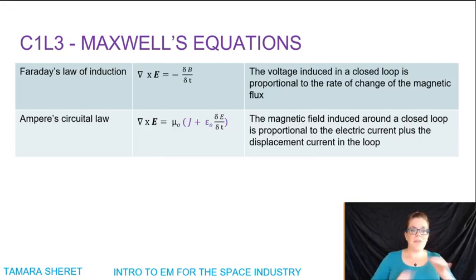The second two, you've got Faraday's law of induction, which tells you the voltage induced in a closed loop and how it's proportional to the rate of change of magnetic flux. And you need to finish the set off with Ampere's circuital law, and that tells you about the magnetic field induced in a closed loop, which is proportional to the electric current plus the displacement current in the loop.